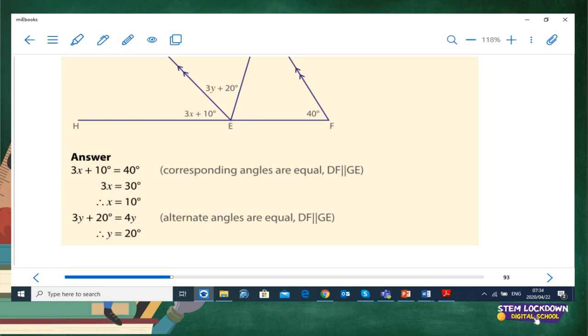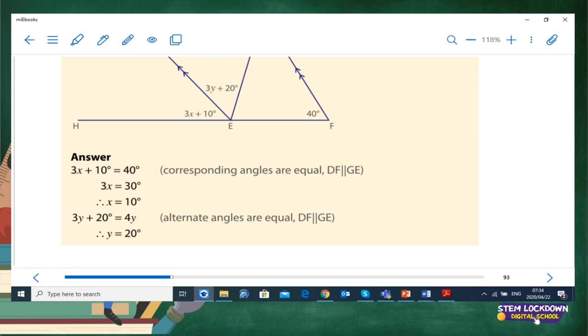So you will be left with 3x on the left-hand side and 30 on the right-hand side. And if you divide both sides by 3, whatever you do on the left-hand side must be done on the right-hand side, X will be 10 degrees.